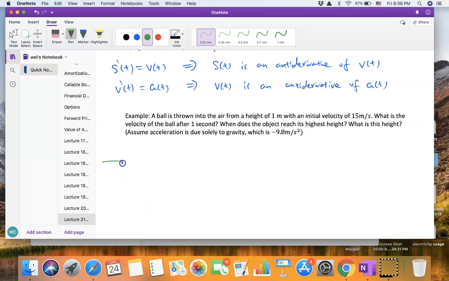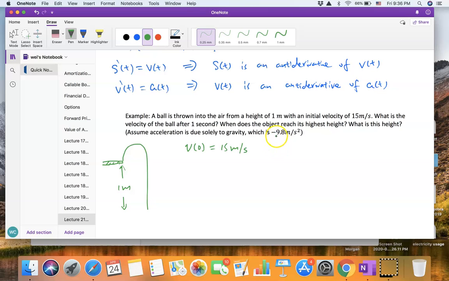So in this problem, a ball is thrown into the air. And what we know is the initial velocity is 15 meters per second. And the acceleration is a constant.